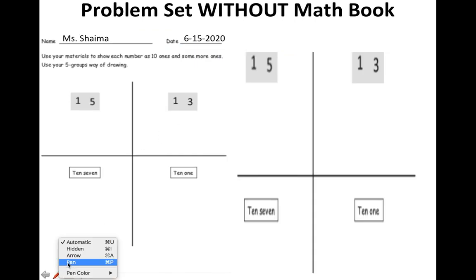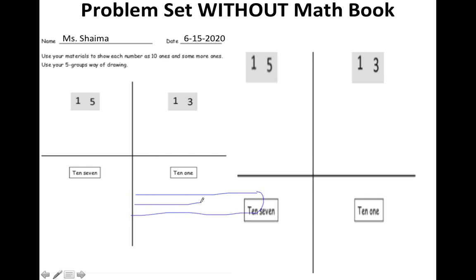The concept is the same. Use your materials to show each number as 10 ones and some more ones using 5-group drawing. So this, as you can see, is a little bit different. I'm going to choose this one because, again, it's the space. I will choose this one.